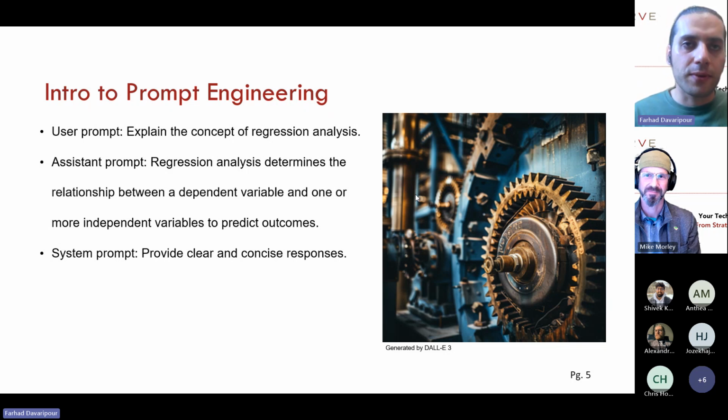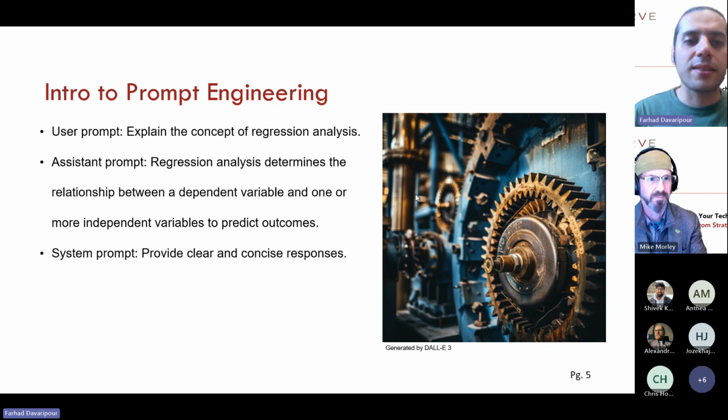Many times you have to edit your system prompt until the generated answer passes your criteria: it's accurate enough, the formatting is right, and everything is based on what you're looking for. So that's a very quick introduction to prompt engineering. As I said, it's very high level, but it gives you enough information so that you can do an online search for it. But feel free to ask your questions in the chat or in the Q&A, and we'll get to that at the end of the video.